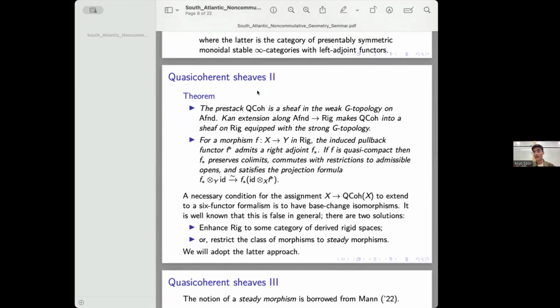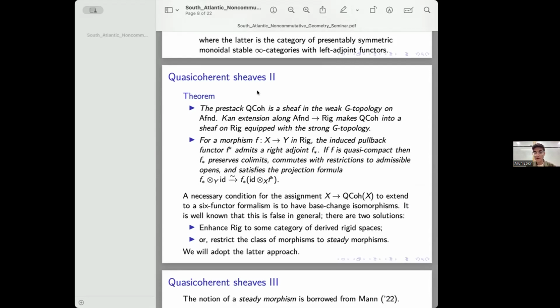This corrects the properties of the naive definition of quasi-coherent sheaves. I guess if you take chain complexes instead of just modules, then you can get a well-behaved theory of quasi-coherent sheaves on analytic spaces. And now you have a sheaf in the weak G topology.